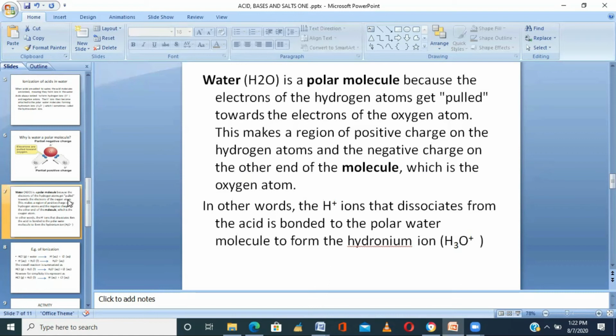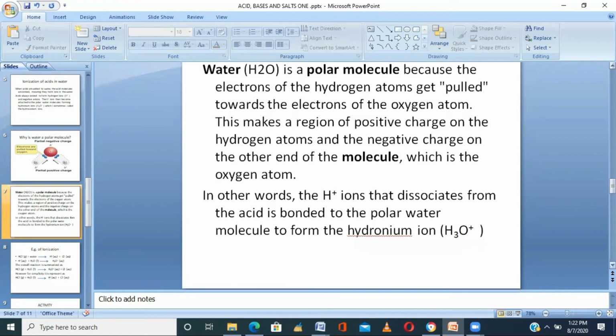That is why we have the partial positive and negative charge due to the difference in electronegativity of the elements, right? In other words, the hydrogen ions that dissociate, meaning they break apart in water, from the acid are bonded to the polar water molecule to form the hydronium ion. And I just showed you how we got that.